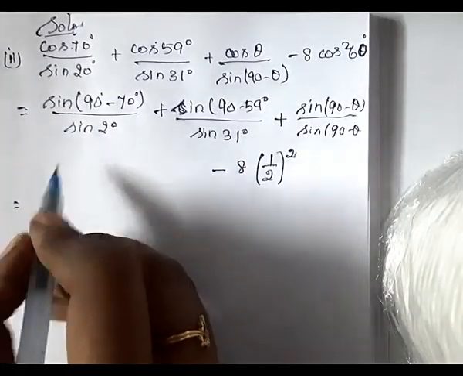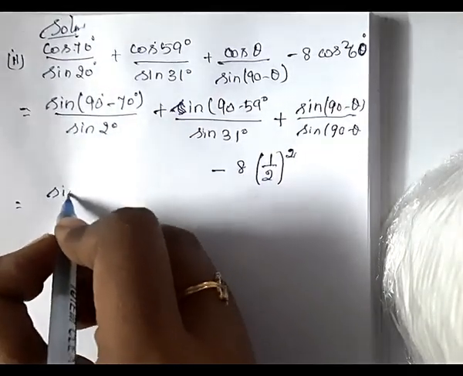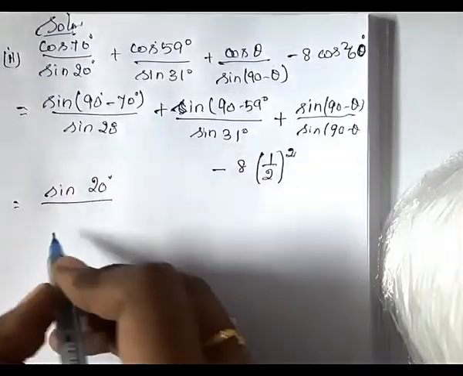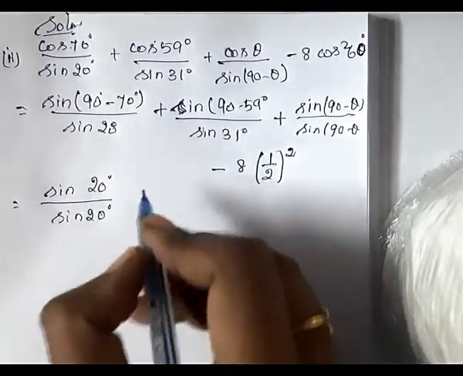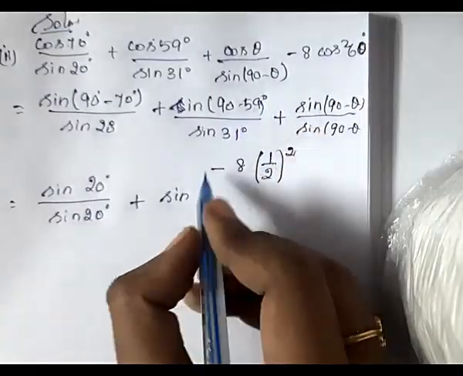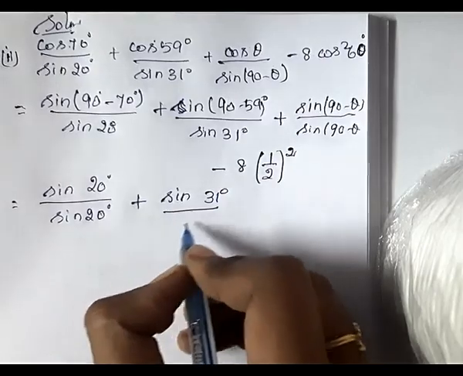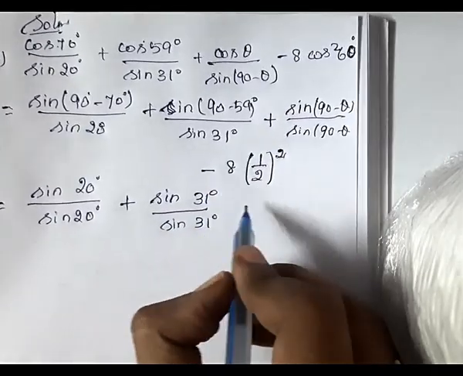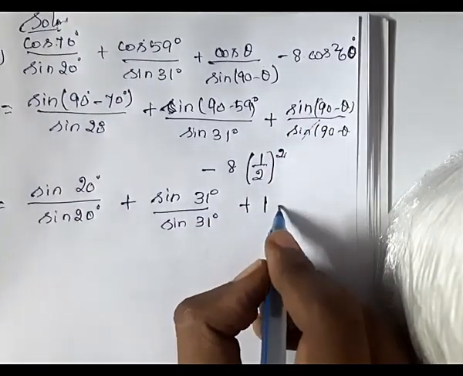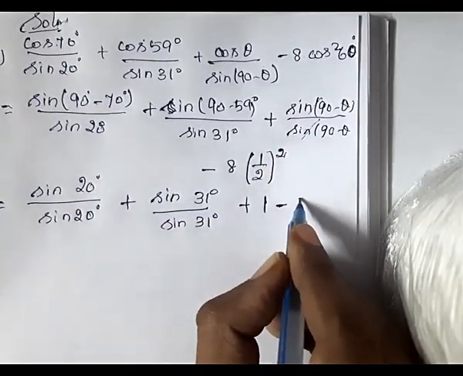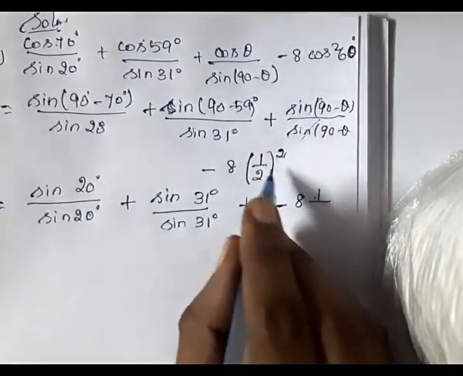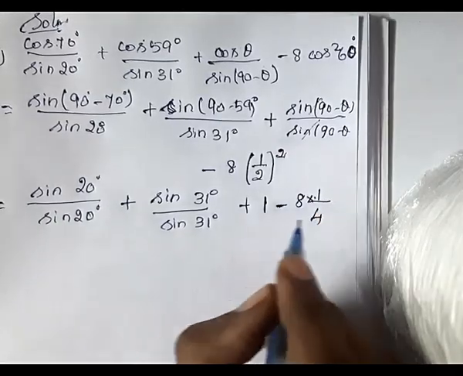equal to, then subtract it, sin (90 minus 70) 20 degree by sin 20 degree plus sin (90 minus 59) 31 degree by sin 31 degree plus, cancel it, 1, minus 8 into 1 by 2 square, value is 4.